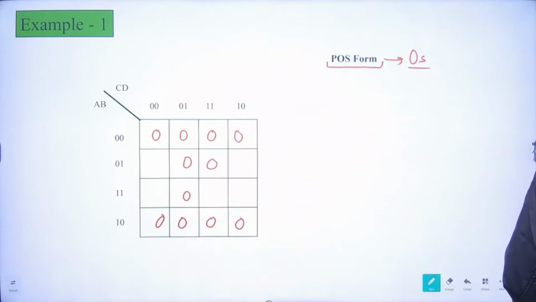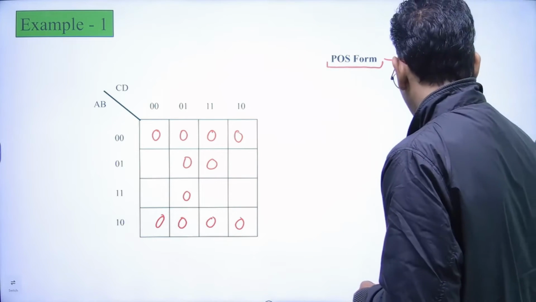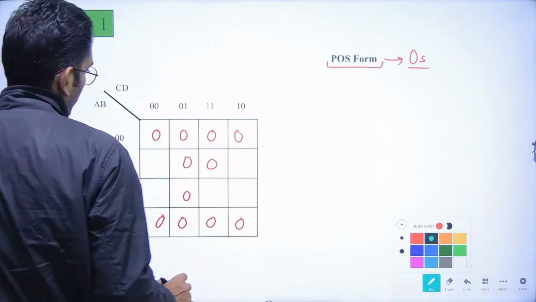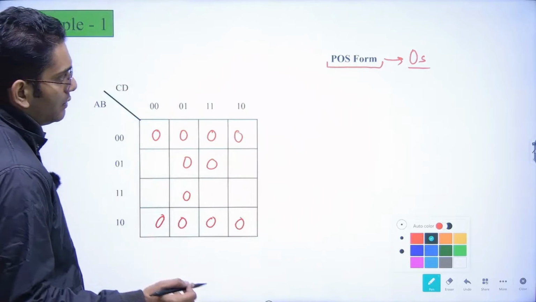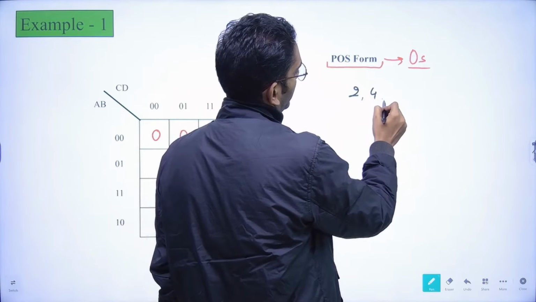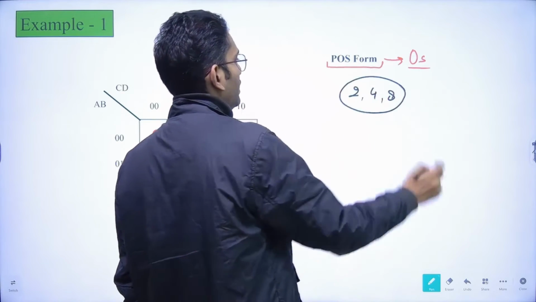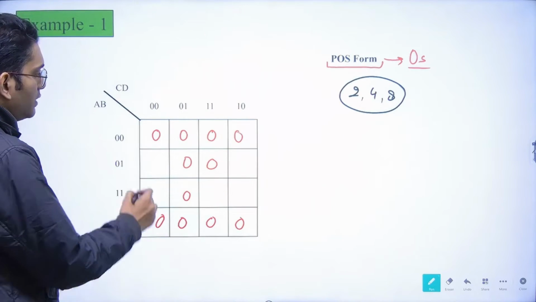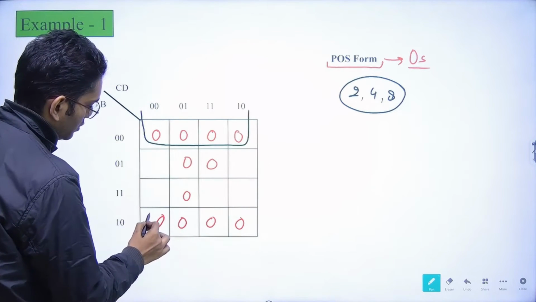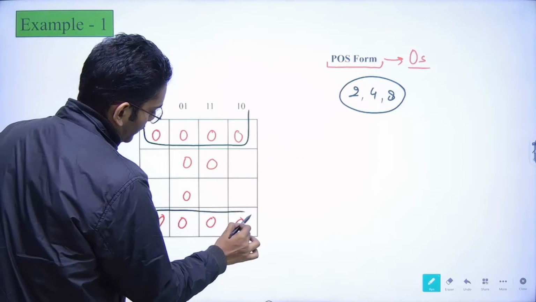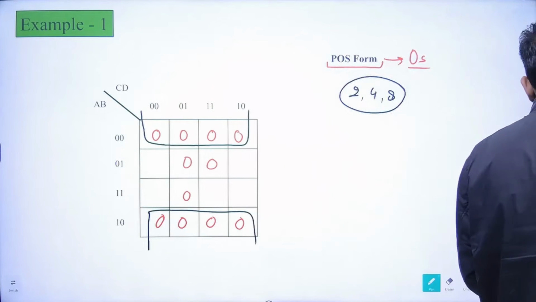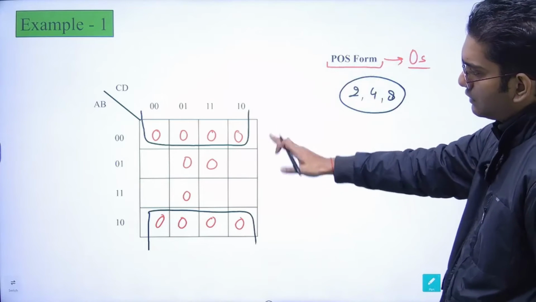So here, we can take a pair of 2, then 4, then 8, fine. These three we can do. So if we see, these four and these four will form a group of 8, or you can say an octet would be formed by taking these into consideration.